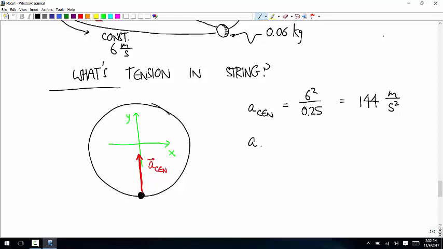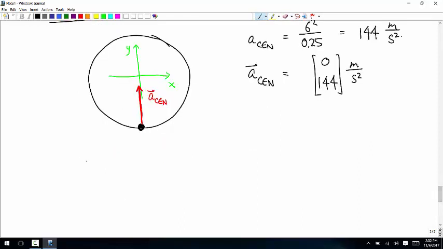So to put that in a vector, the centripetal acceleration vector is 0, positive 144. This is moving at a constant speed, so there's no tangential acceleration. So the total acceleration is just equal to 0, 144.